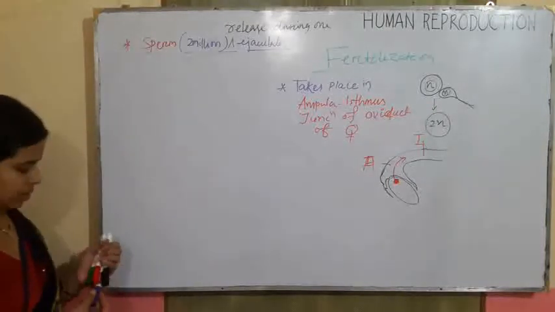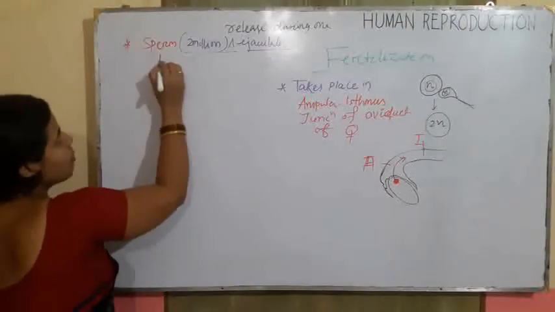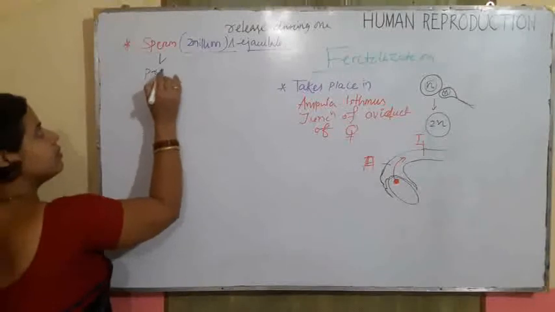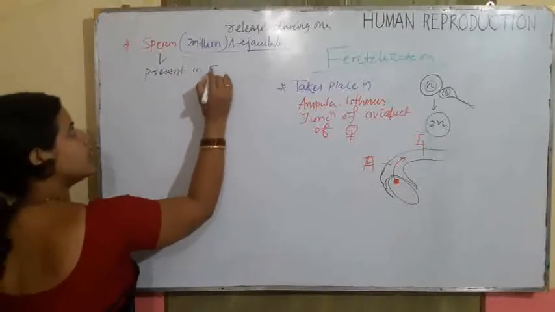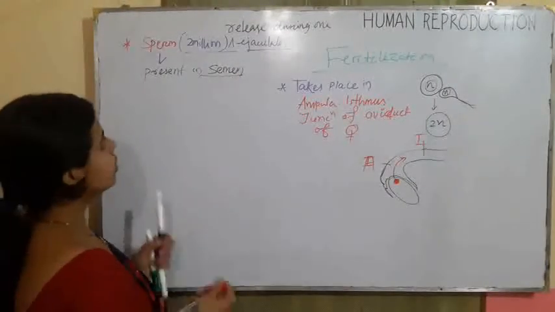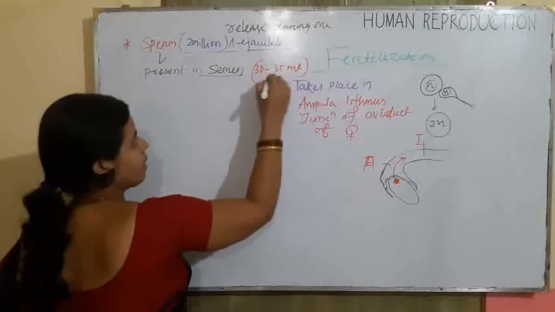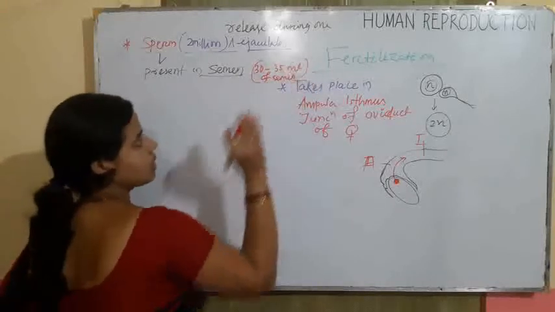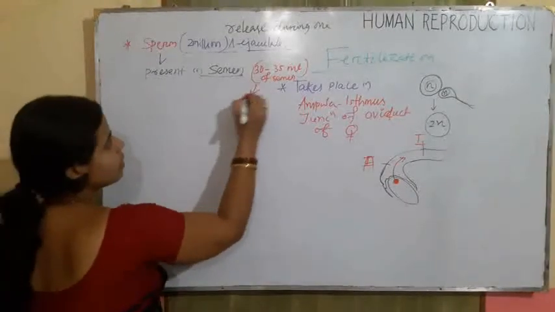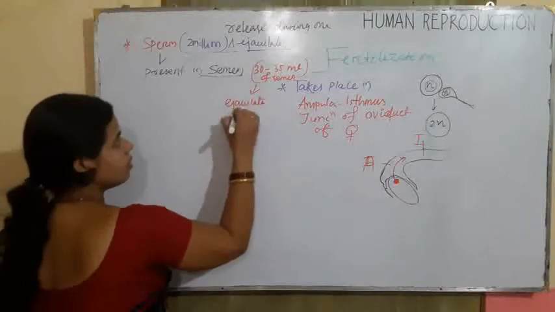Before that, remember that sperm are present in semen, and around 30 to 35 ml of semen is ejaculated during copulation.